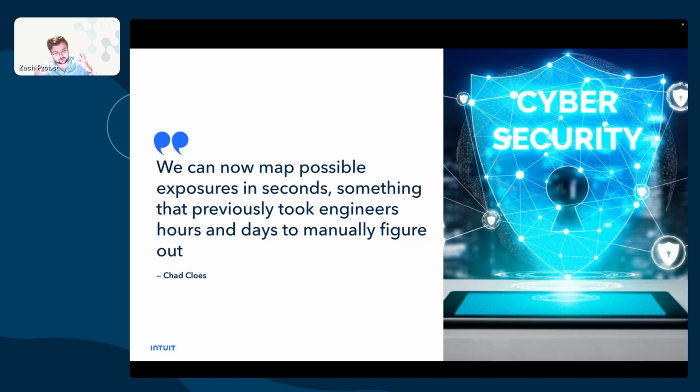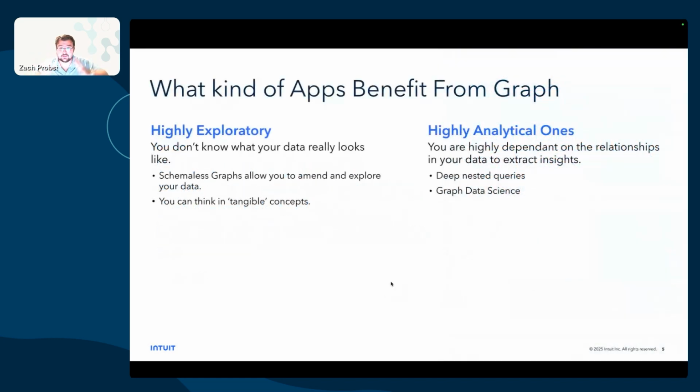I think there's a brand of problems that just kind of unravel if you solve them with the graph or you start to model them with the graph. In particular, I think of it in two buckets. There's the kinds of problems that I call highly exploratory. What I mean by that is you're not quite sure what it is that you're solving for yet.